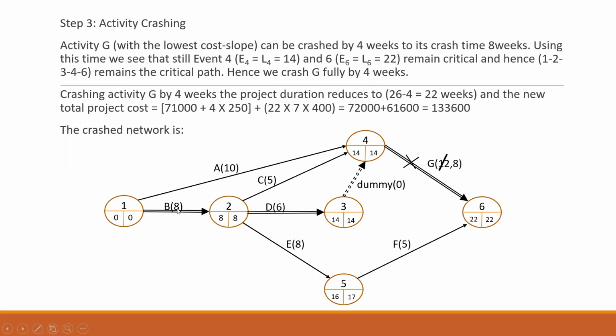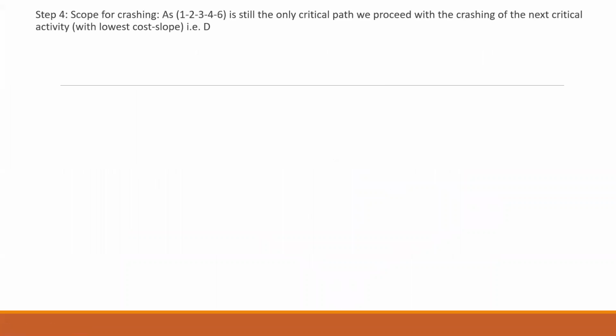Okay, now once we do this, there are still activity B and D which can be crushed, which is the least cost. The least cost slope is for activity D, so I can crush activity D further. Okay, so if I do that, what is the duration by which I can crush it? Let us go ahead and check it out.